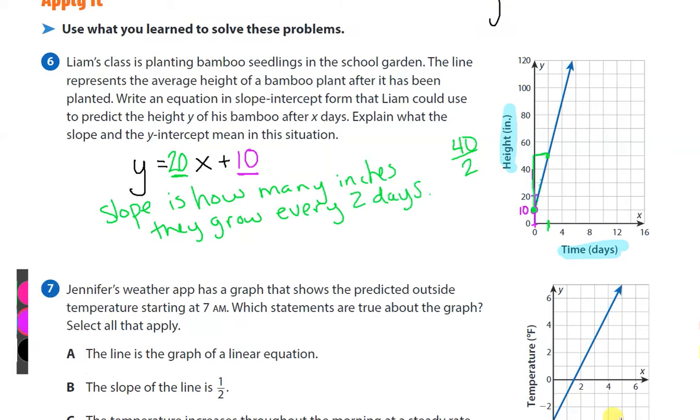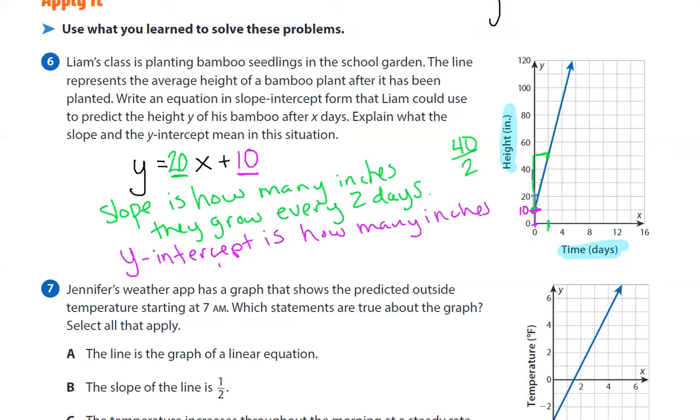And then the y-intercept, they're starting at 10 inches. Y-intercept is how many inches tall the seedlings were. I'll clean that up for you. I know how you don't like my sloppy letters. There you go. How many inches tall the seedlings were.